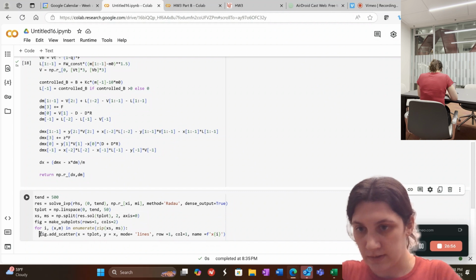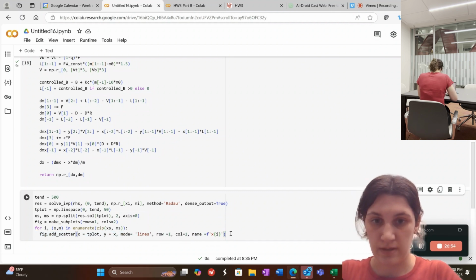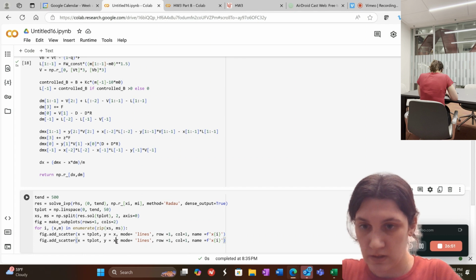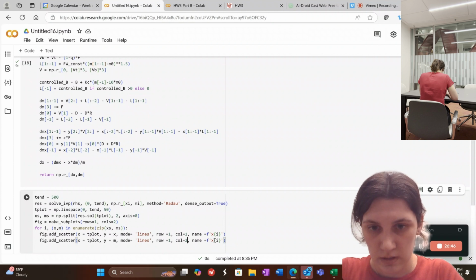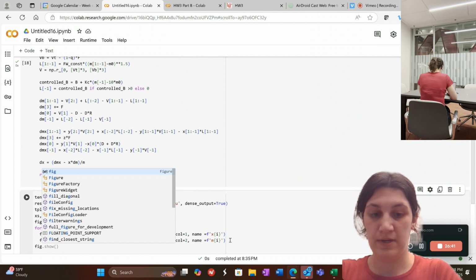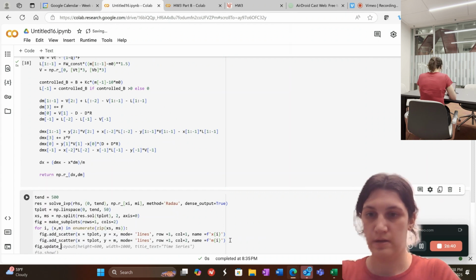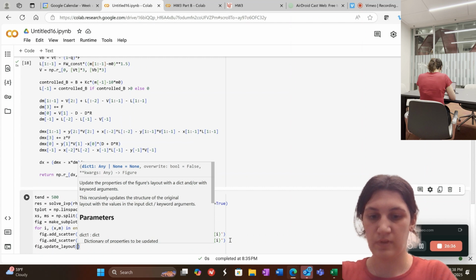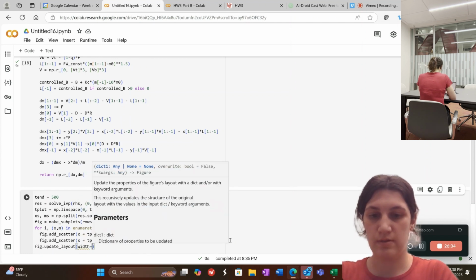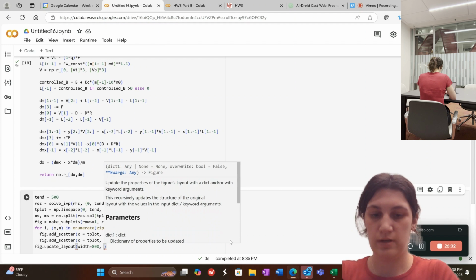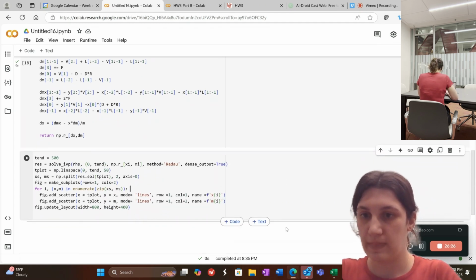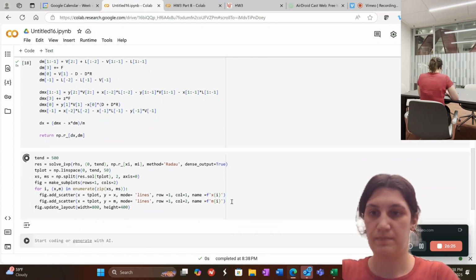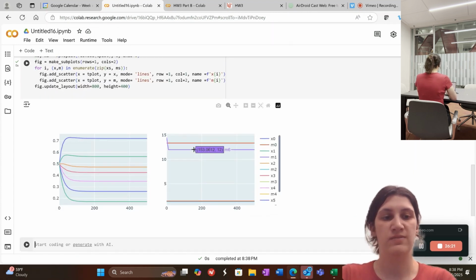And for m, we can just take this piece right there, copy paste, change this to m, change it to column 2, and this x to m, and then just update the layout, make it look a little prettier. Perfect. And here we have our two plots.